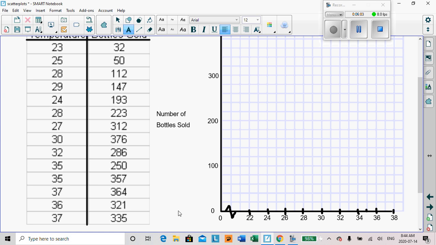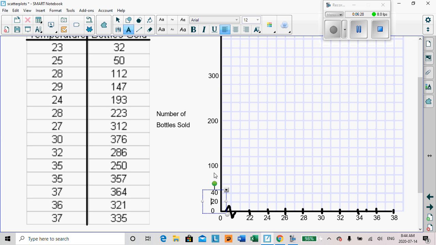So I could start down here at 20 and 40 and then put those into the right place. So 40 would be right there, 20 would be right there, and so on. But what I'm going to do is just count.